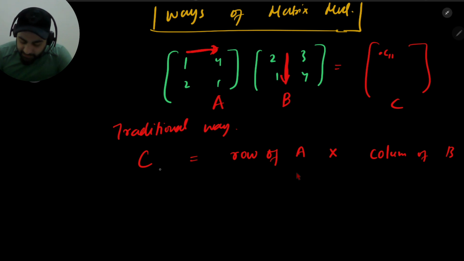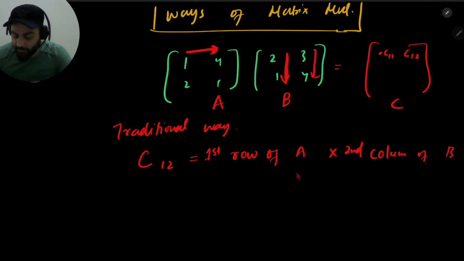Let's suppose the entry is 1 2. So I'll take the first row of A and the second column of B. In order to get this C12, I take the first row of A and the second column of B. That's the generic intuition of how traditional multiplication works.